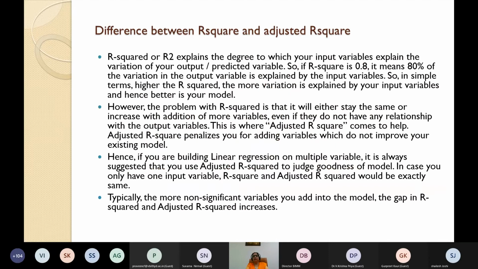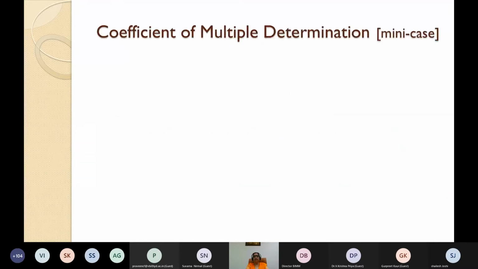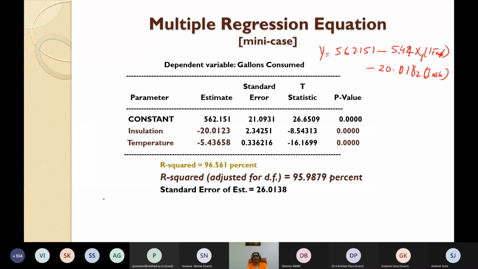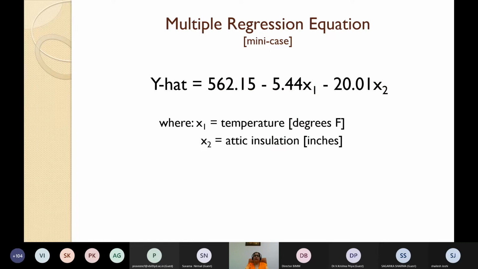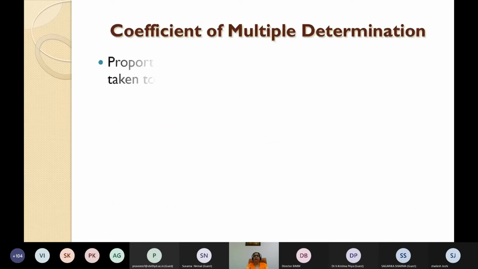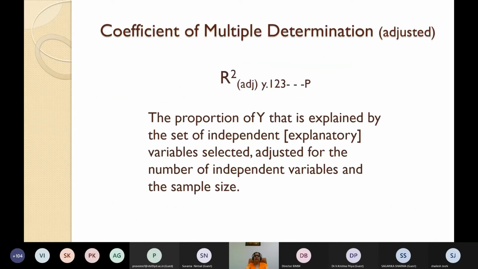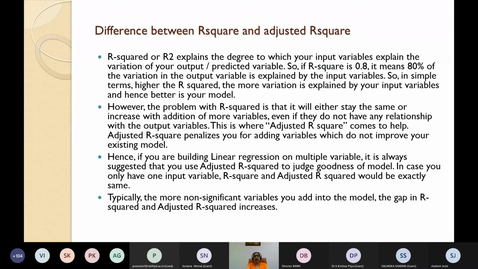Now there are two values that we saw in this, R square and adjusted R square, and we try to find what adjusted R square is. R square explains the degree to which your input variables explain the output.